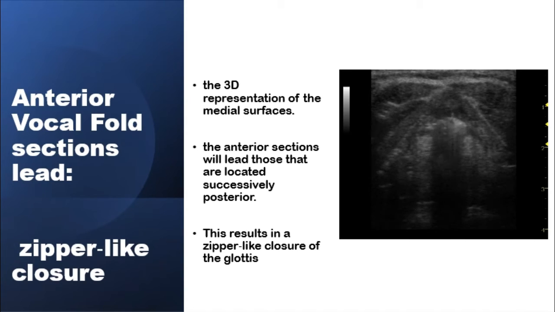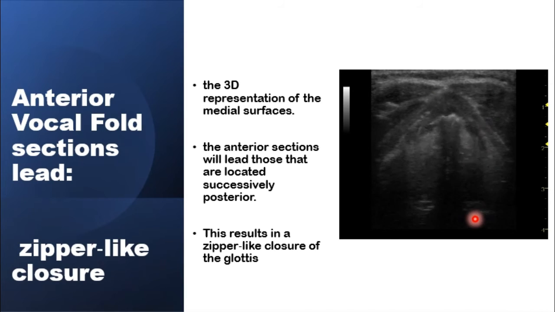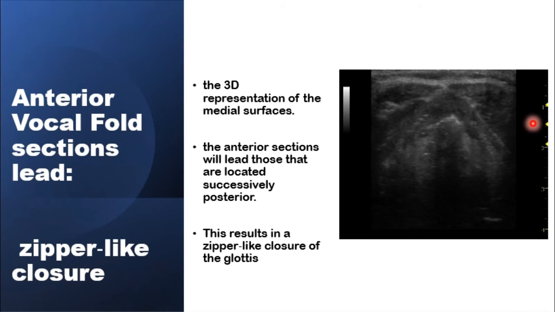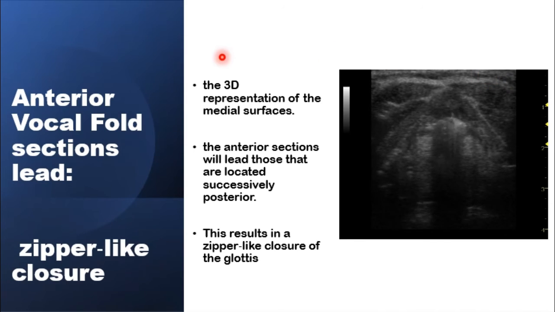Much like the phase difference between the superior and the inferior parts of the surface of the medial parts of the vocal folds, the anterior parts of the vocal folds also lead the posterior parts during convergence and divergence, giving rise to what can be seen as a zipper-like closure and opening of the glottic canal.